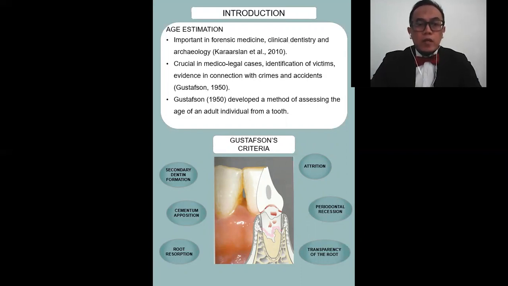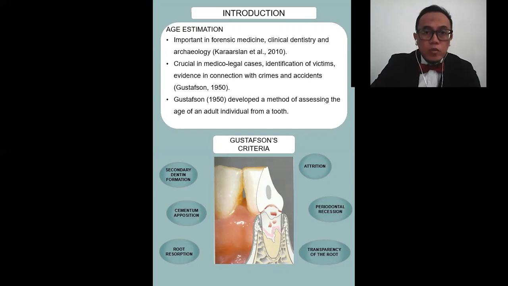One of them, Gustafson, in 1950 developed a method for assessing the age of an individual from a tooth. He found 6 biological changes in the tooth, 6 criteria related to age.